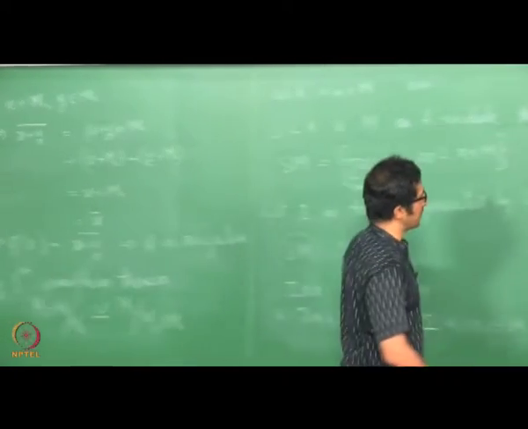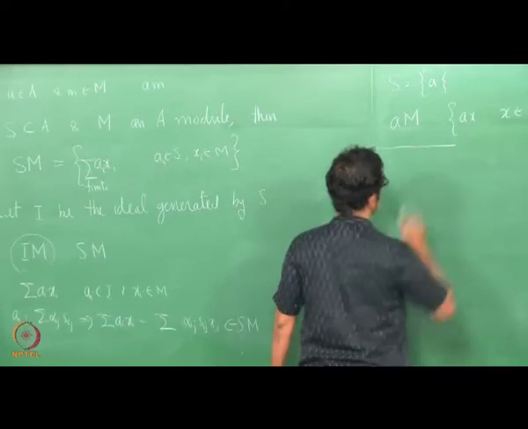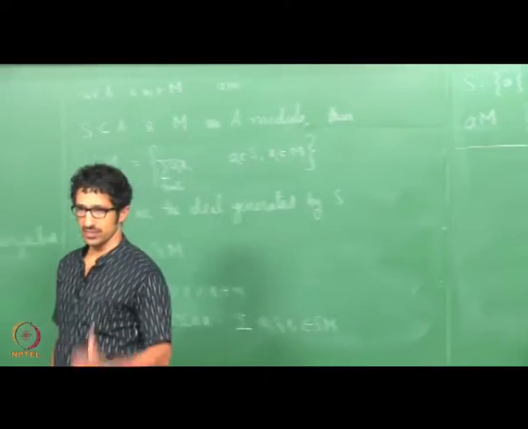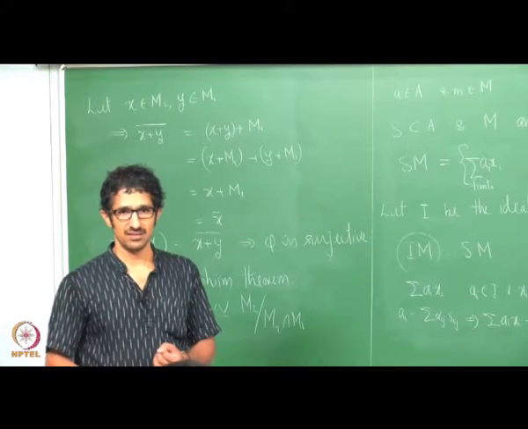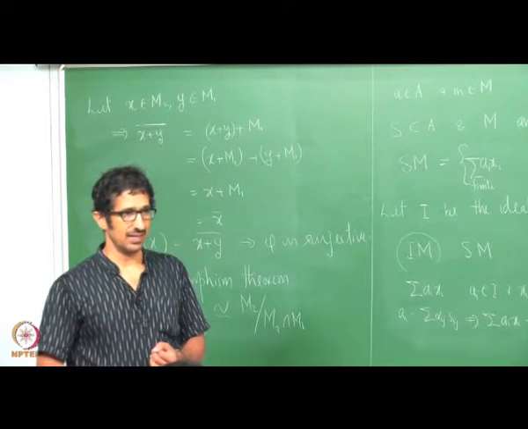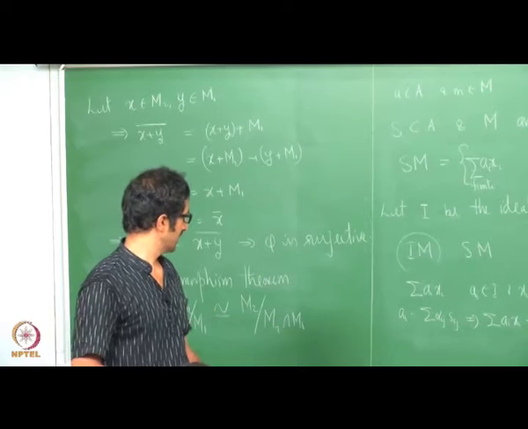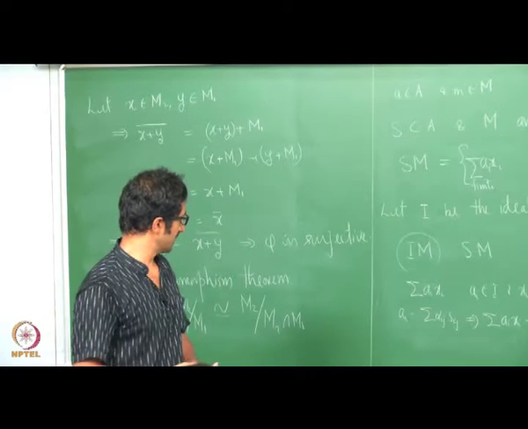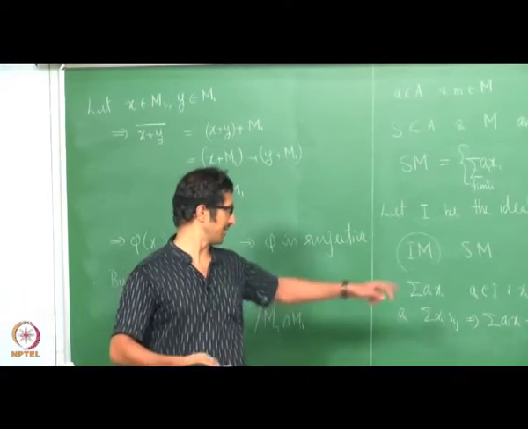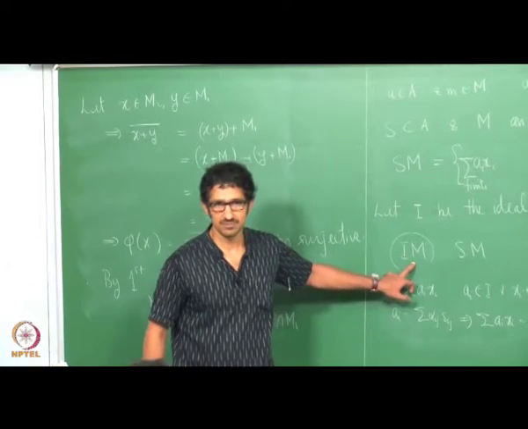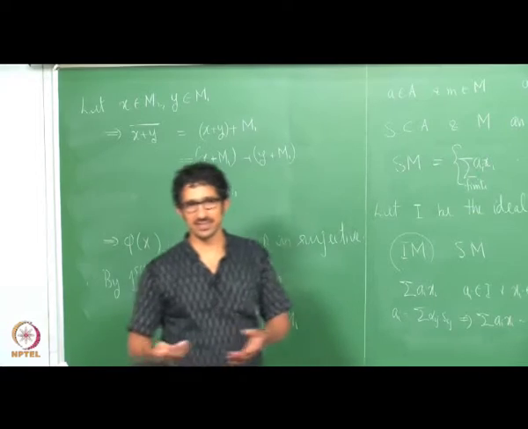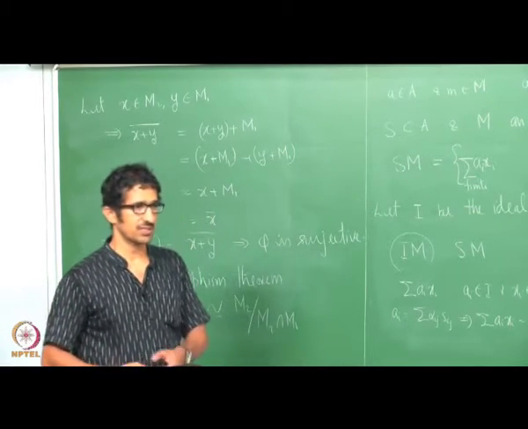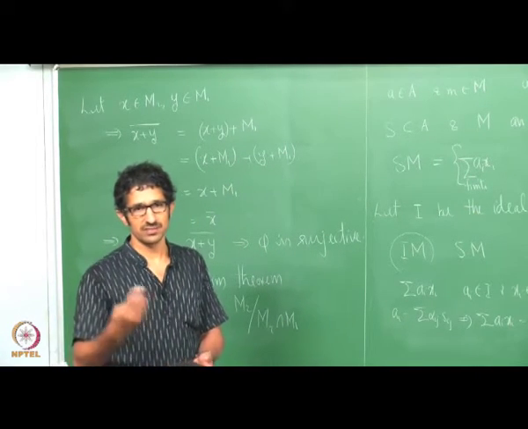Is this an A-submodule? 0 belongs to it. And for any x here, minus x is here. x is of the form some summation a_i x_i, or just take minus of a_i for each, right.